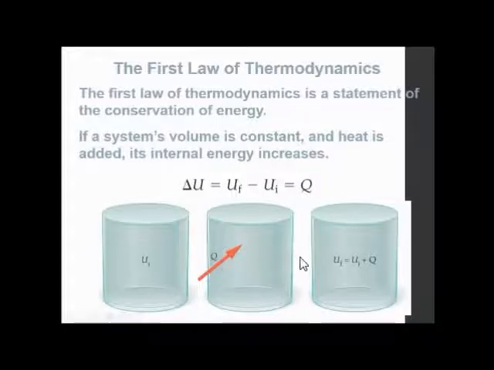The volume of this system is constant, but some heat Q is added, as in the second diagram. So the resultant is that the internal energy increases. Further, we can say the change in internal energy, UF minus UI, equals Q.